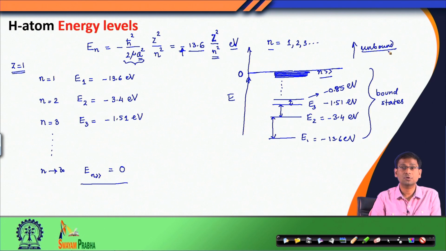If you remember, in the course of our discussion of the energy levels, at one point we decided to consider only the negative values of energy, and we said that for positive values of energy, the state of the electron is unbound. That means it is a free electron and it is no longer a hydrogen atom; rather, the electron is completely free of the nucleus.